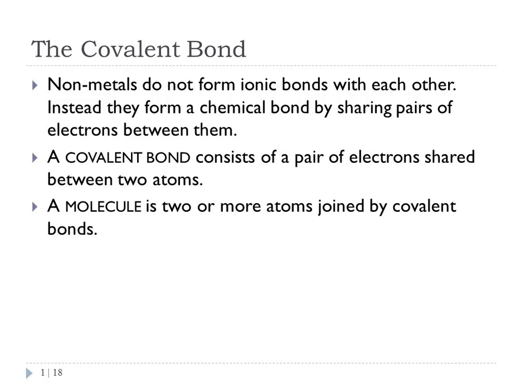So let's look at fluorine, since I mentioned him already. We know from the periodic table that each fluorine atom has 7 valence electrons. And so, let's pick a different color here.